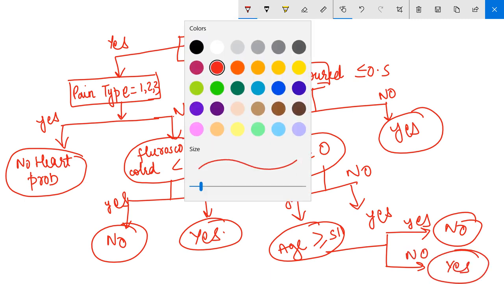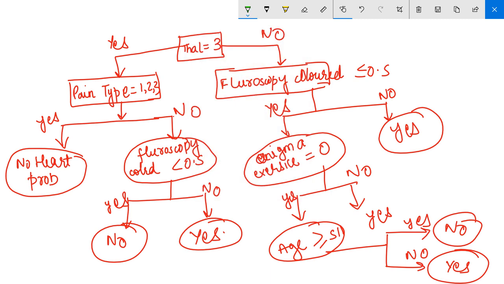So guys, this is a complicated decision tree. If something known as thal is equal to 3, your doctor will check the reports, and if it is 3, he'll say yes. So he'll check the pain type. If the level of pain is 1, 2 or 3, yes, there is no heart problem.